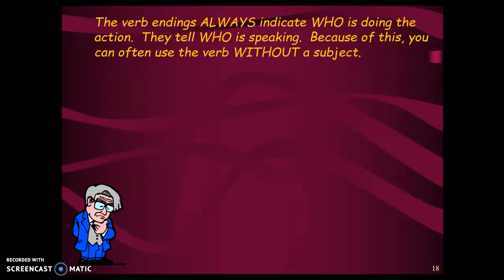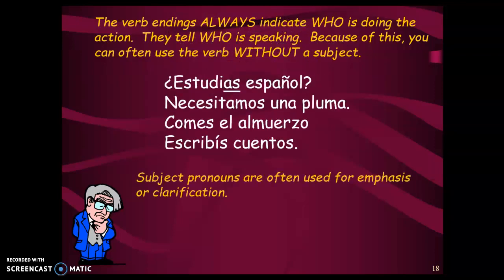So the verb endings always indicate who is doing the action. They tell who is speaking. Because of this, you can often use the verb without a subject. So, ¿estudias español? Remember the AR verb and the as ending is only for tú. So obviously this question is for tú.